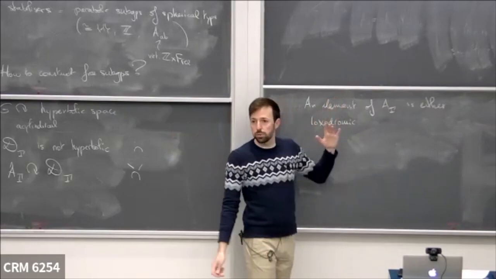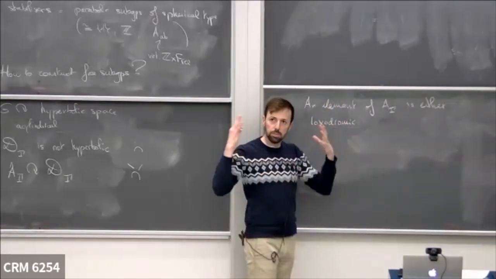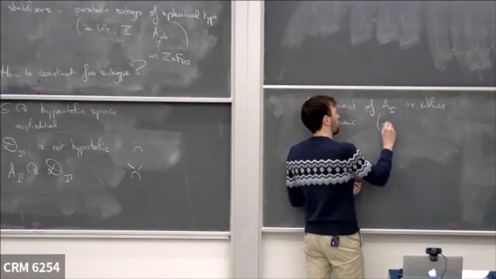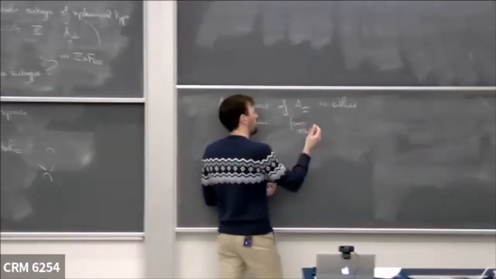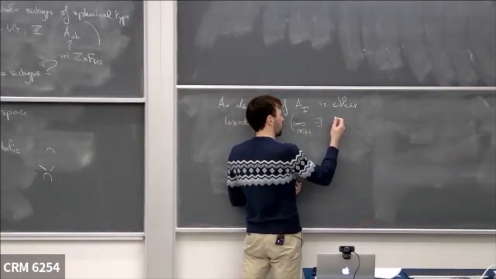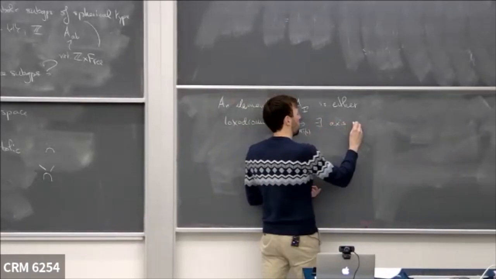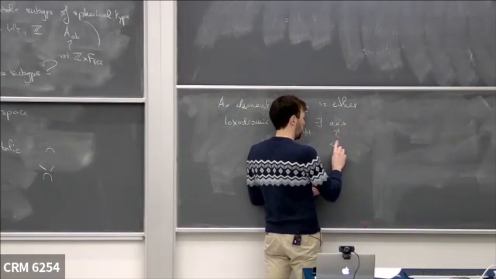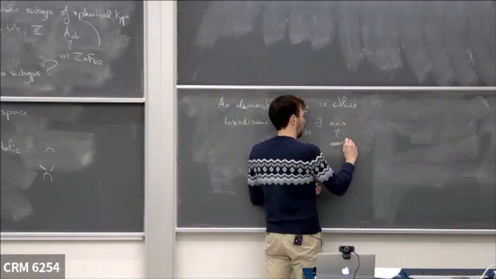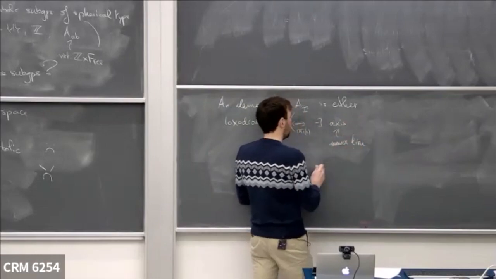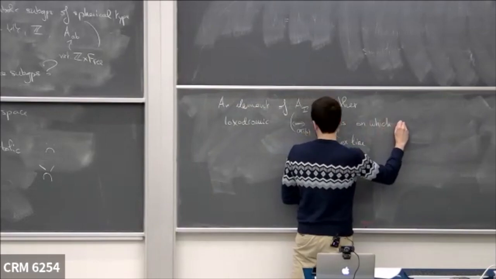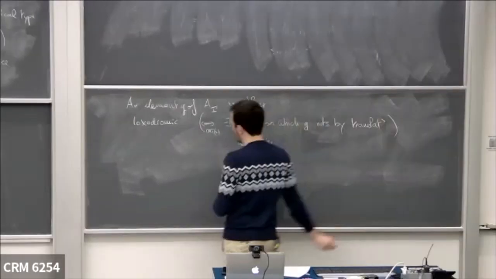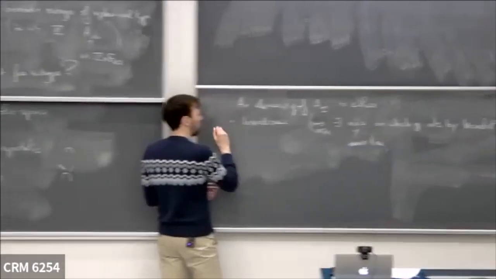We're in a CAT(0) space, so there's an even nicer way to think about loxodromic elements. Because of CAT(0)ness, there exists an axis, which is really a convex line on which g acts by translation. That's the first case, so loxodromic.